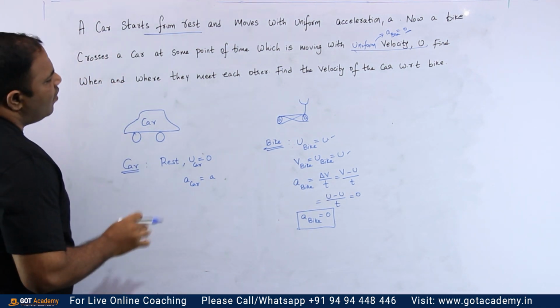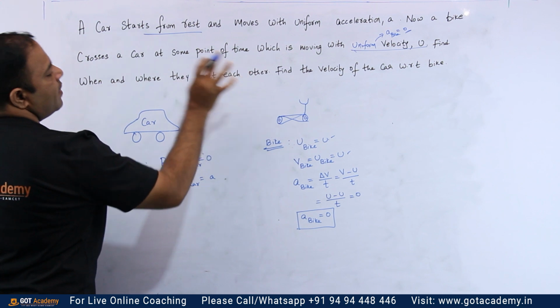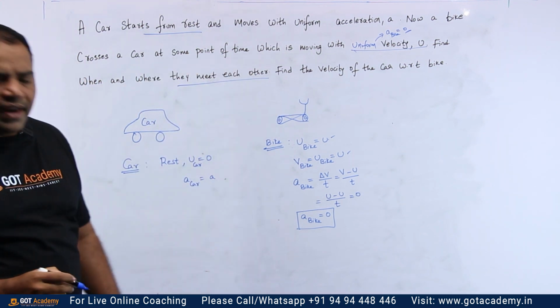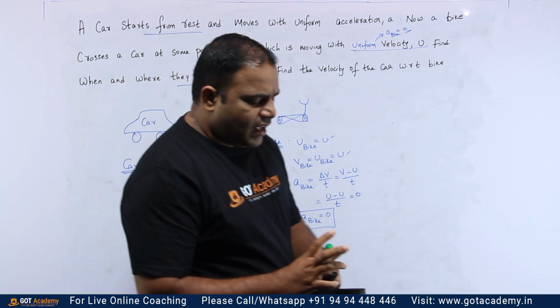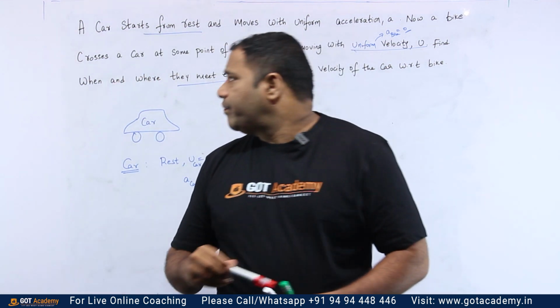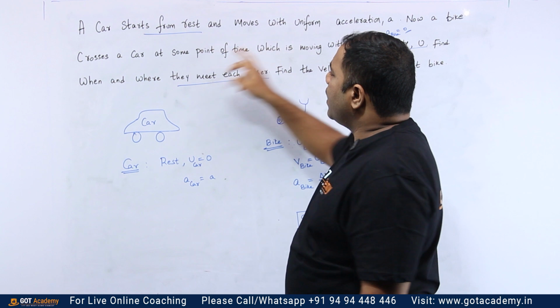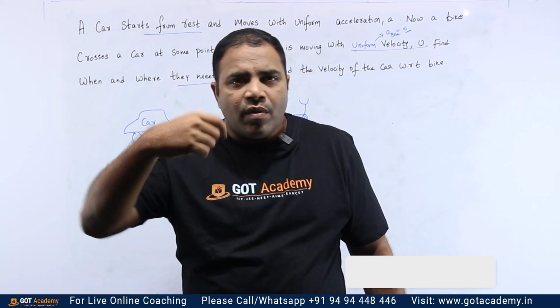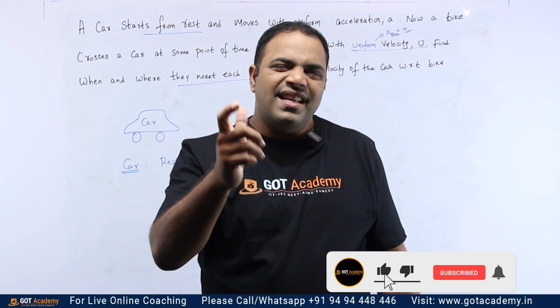Now, how do we calculate when and where they meet each other? We are saying that they both are meeting. Now, a bike crosses a car at some point of time. Here I have to mention one more point: both of them are starting at the same instant.